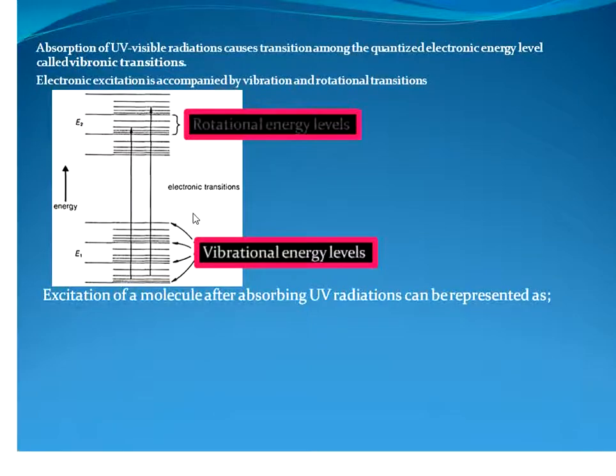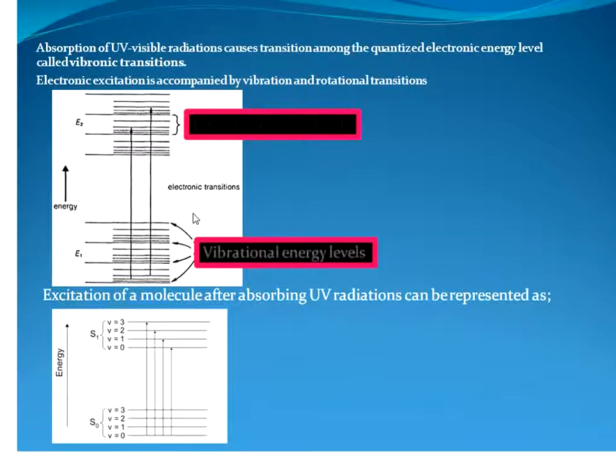So it means that excitation of a molecule after absorbing light radiation can be represented using these lines. To represent the excited molecule after absorbing light radiation, we can represent it by that arrow. For example, as we're seeing here, the arrow is moving from down up to this excited level. It means that the molecule is being excited from a low energy level to a higher energy level.